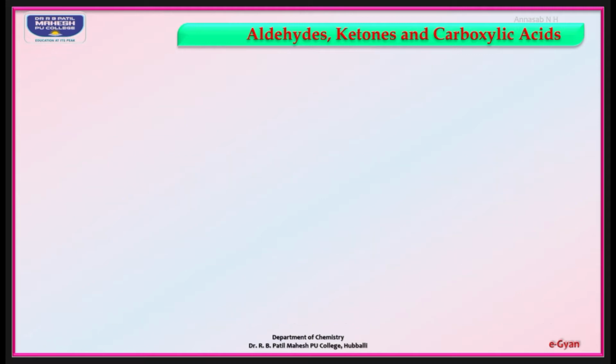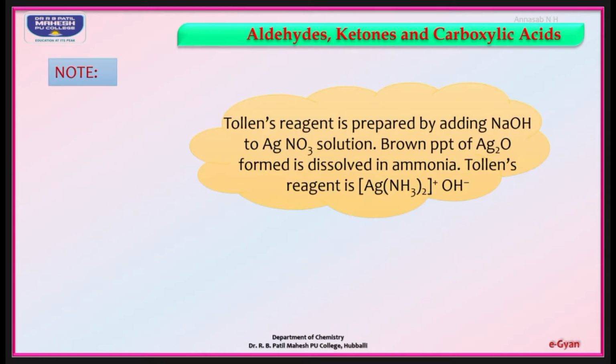Dear students, please remember, Tollens reagent is prepared by the addition of sodium hydroxide and silver nitrate solution, which gives brown precipitate of silver oxide, which is dissolved in ammonia. It gives Tollens reagent, that is ammoniacal silver nitrate.